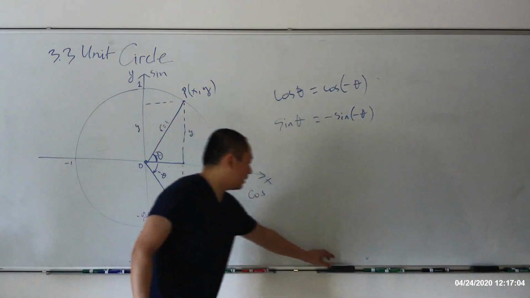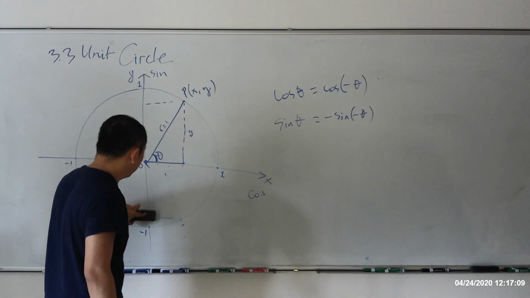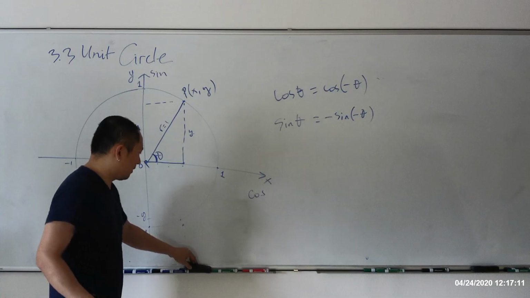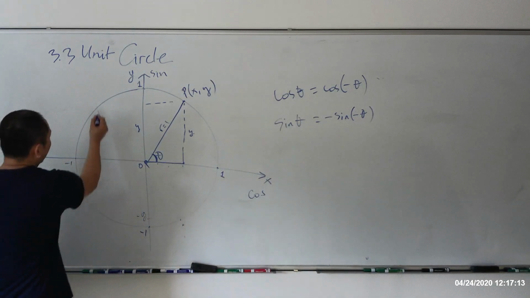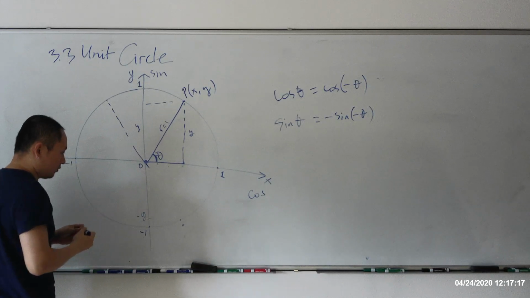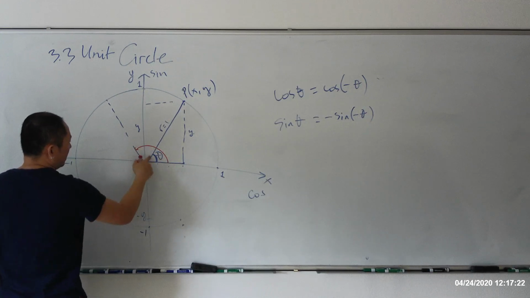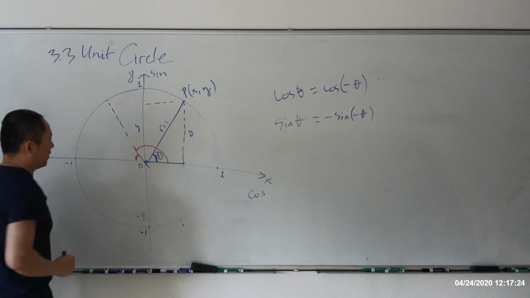How about a couple more? This angle is theta, right? What if I have an angle right here? For this angle, let me use red color to make it stand out. You know how much this angle is? This is theta, so the measurement of this angle is still theta.